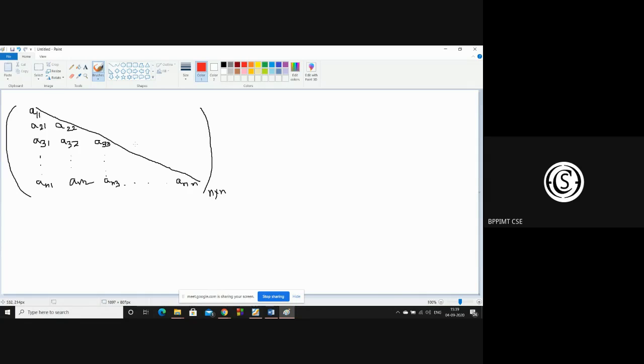Now, you are asked to find out the address of Aij. What will be the value? Any idea? It is given that you have to find it through row major order. What should we do? Any idea?